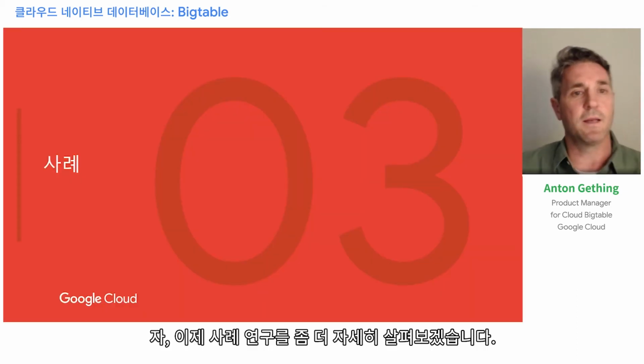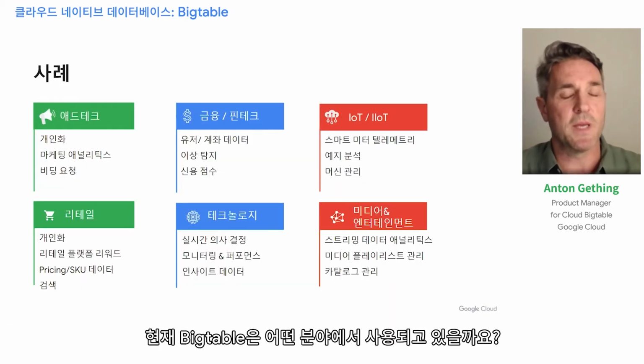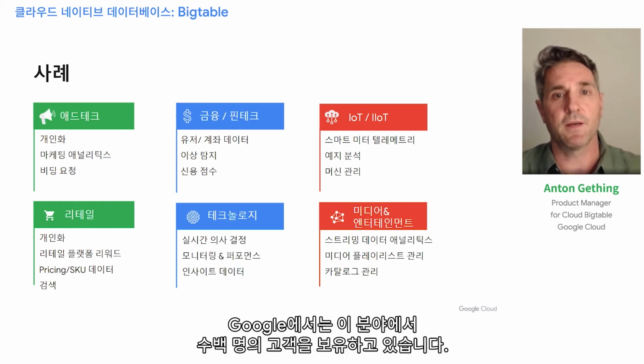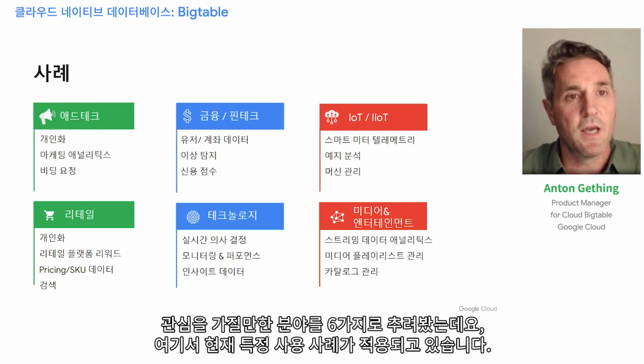Okay, let's get into the case studies in a little bit more detail. So where is Bigtable being used today? We have a number of customers, hundreds of customers. I've identified 6 areas that I think may be of interest, where there are particular use cases being applied at the moment.